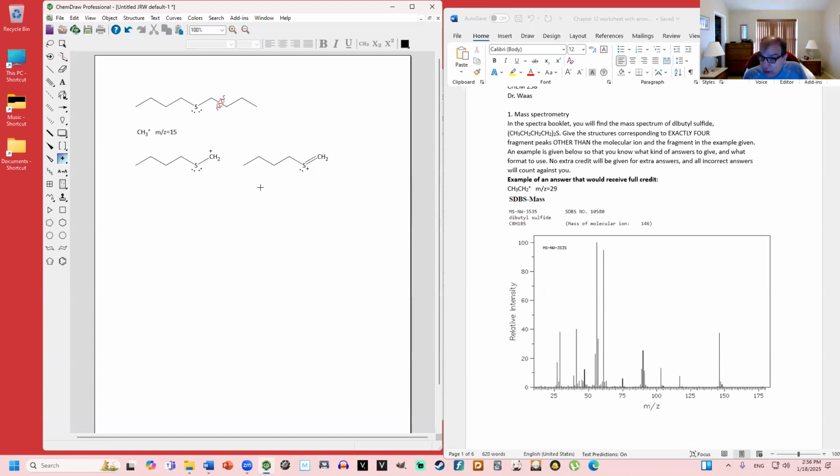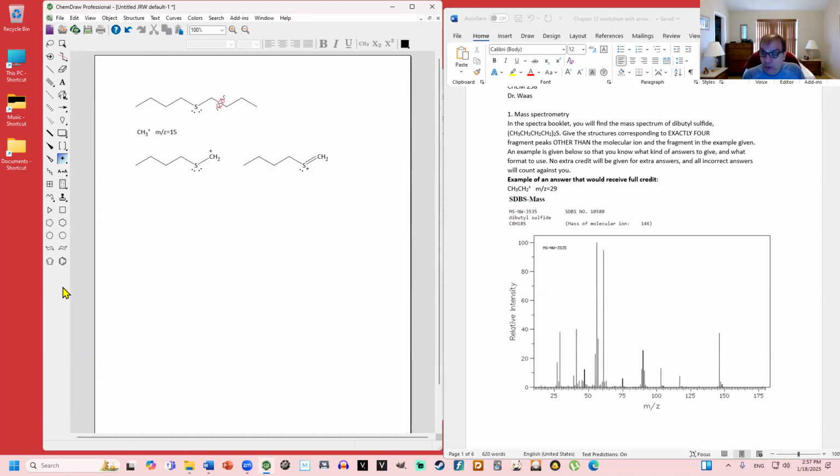And so now all we need to do is add up the mass of this fragment and see if we can find the peak for it. So we've got 1, 2, 3, 4, 5 carbons. We've got 1 sulfur, and we've got 2, 4, 6, 8, 11 hydrogens. So it's going to be essentially C5H11S+.